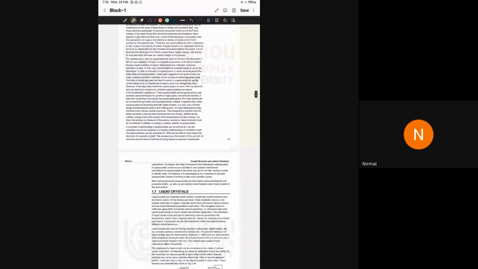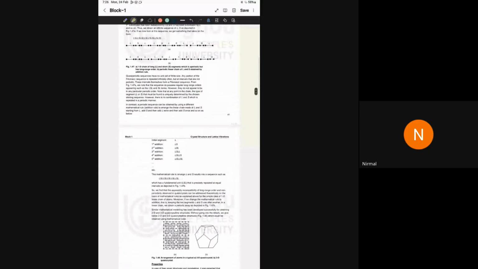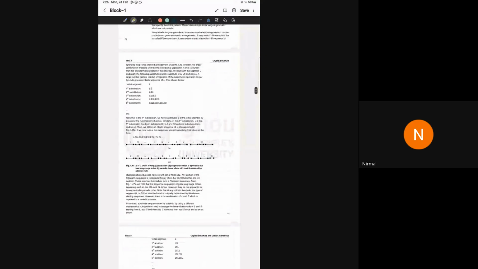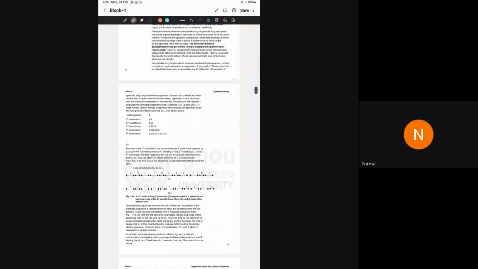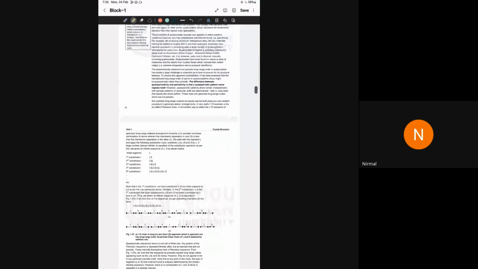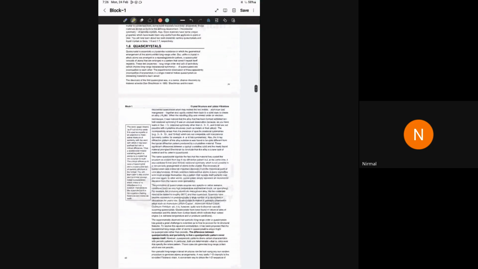Quasi-crystals and liquid crystals. Quasi-crystals are not fully crystals, but kind of half crystals. In some patches the ordering will be high, and in some patches it will not be.